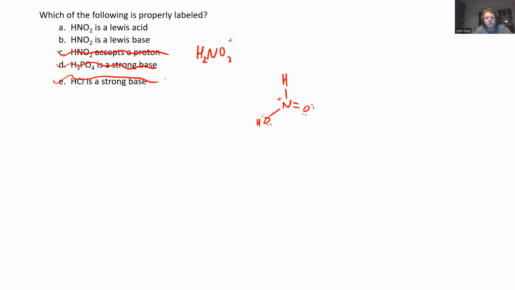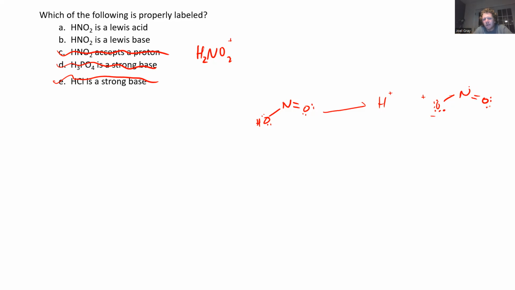Next up is HNO2 is a Lewis base versus HNO2 is a Lewis acid. Well, HNO2, what it looks like as a molecule is this right here. And what it can gladly do is separate into H plus and NO2, and have that negative charge, and it's good to go.